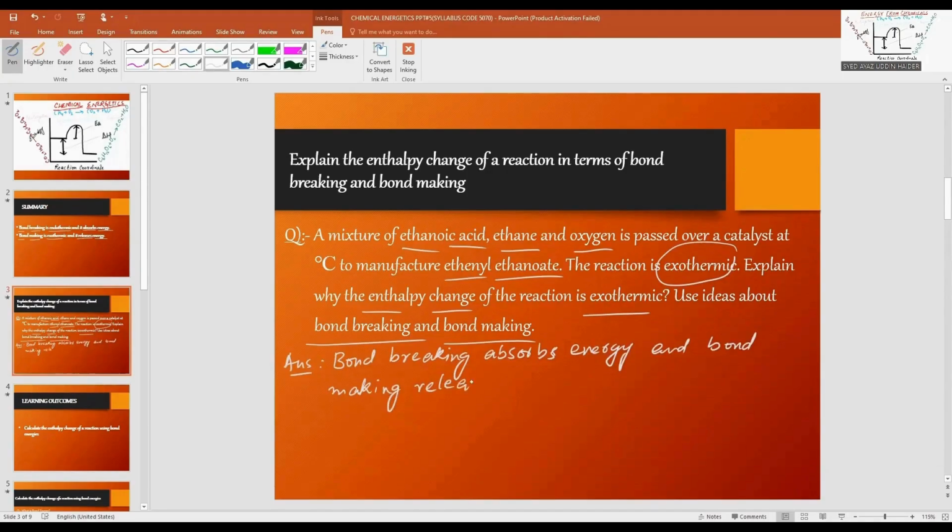More energy released than absorbed. This will be the full answer.